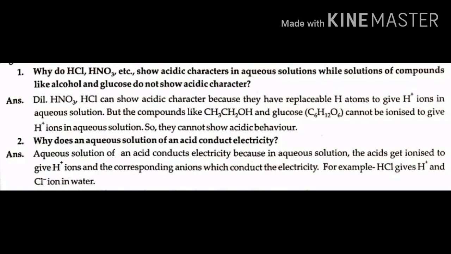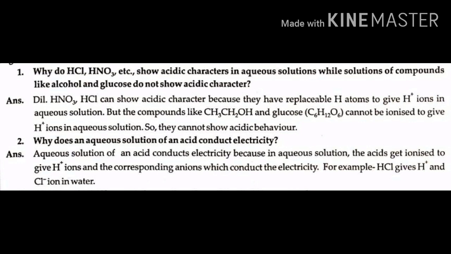Students, let us find out answers for questions on page number 25. Question number 1. Why do HCl, HNO3, etc. show acidic character in aqueous solutions while solutions of compounds like alcohol and glucose do not show acidic character? Answer.